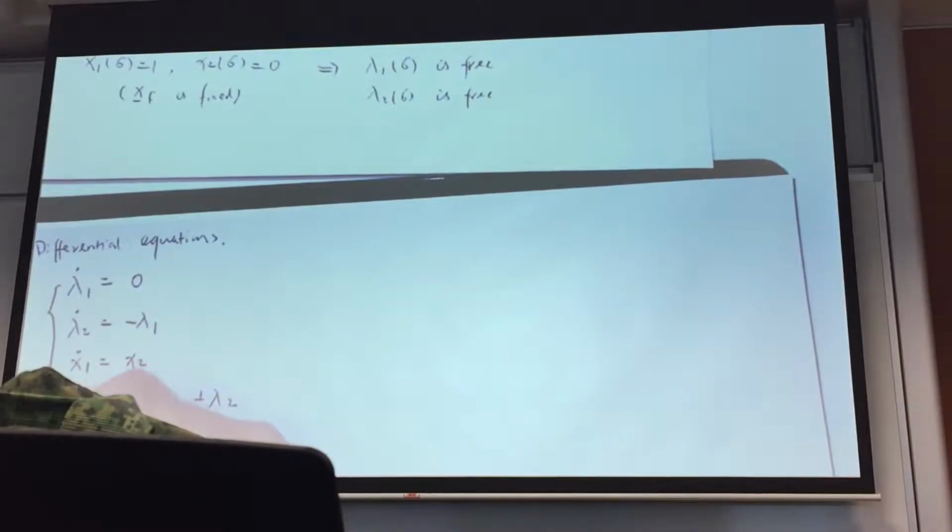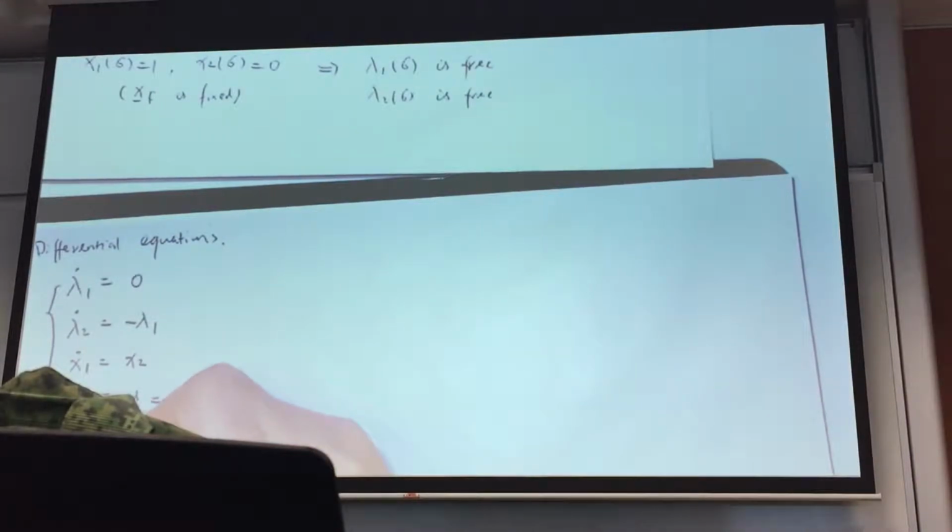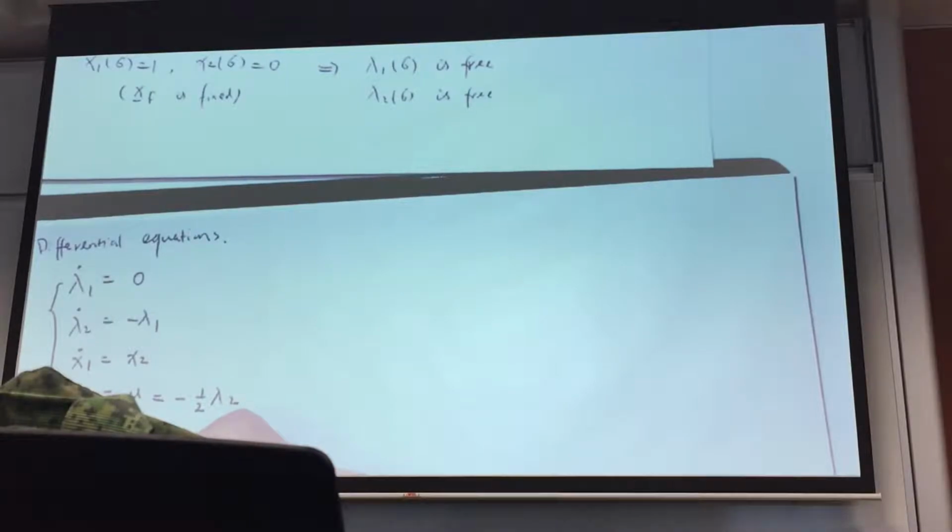For the initial conditions, we have the initial condition for all these 4 variables. For lambda 1(0) and lambda 2(0), these two values are free to take any value. They are not decided yet.